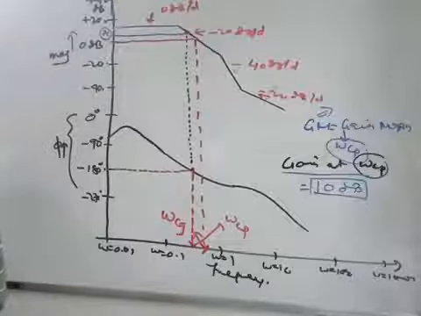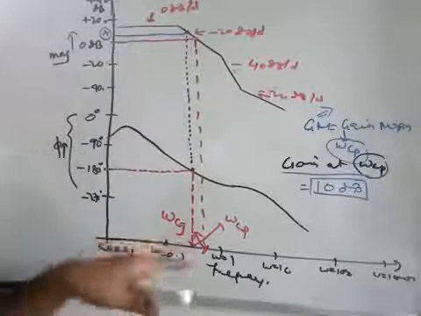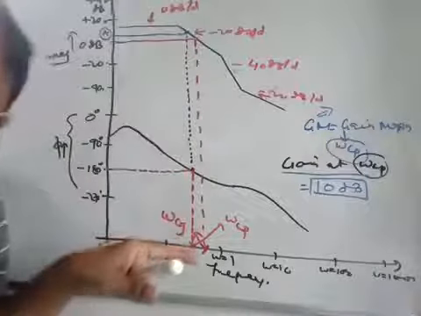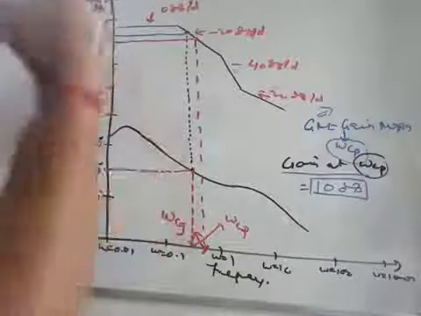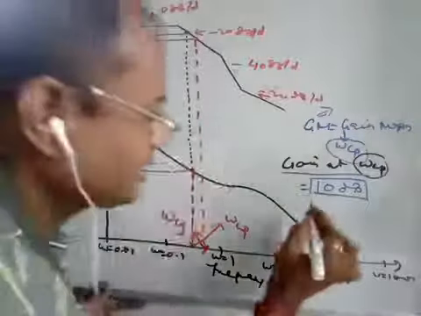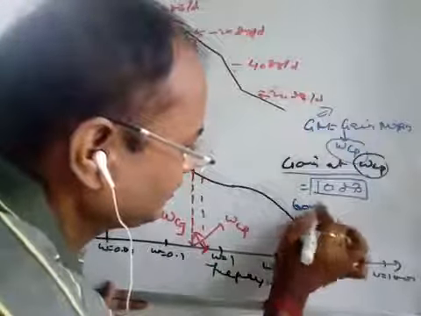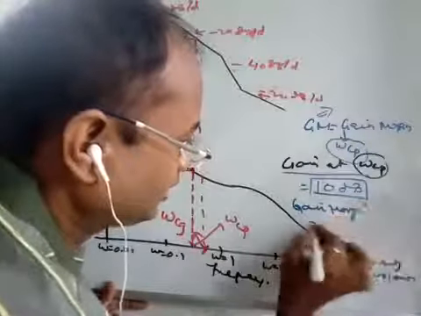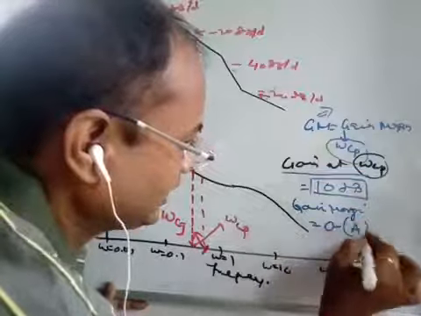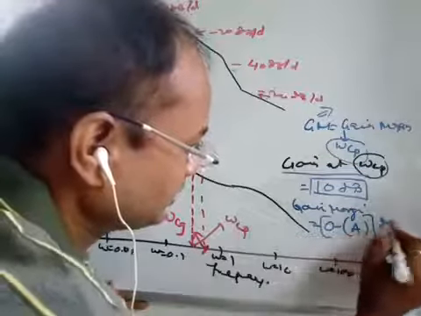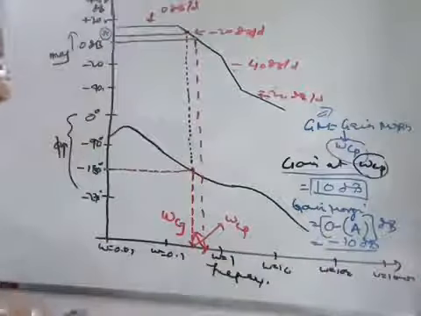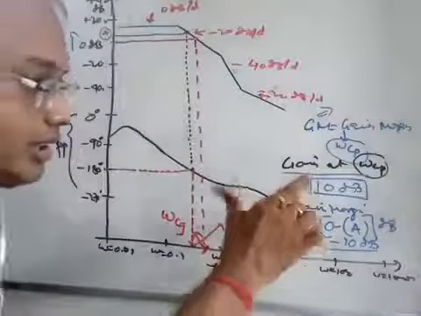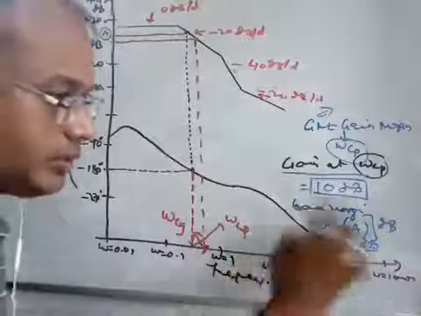Now once you get this value, that is the gain at this phase crossover frequency, the gain margin is equal to 0 minus 10 dB.